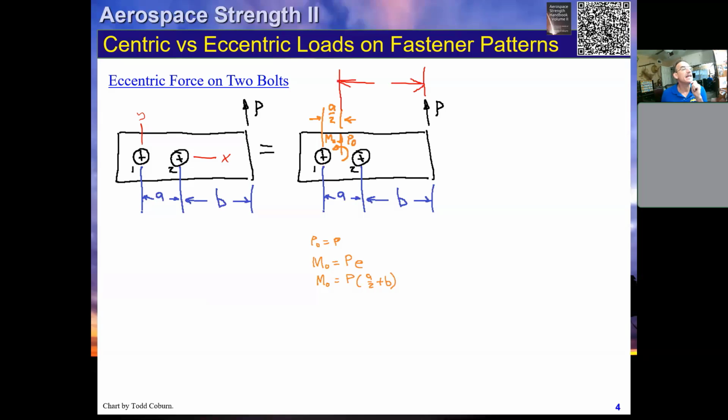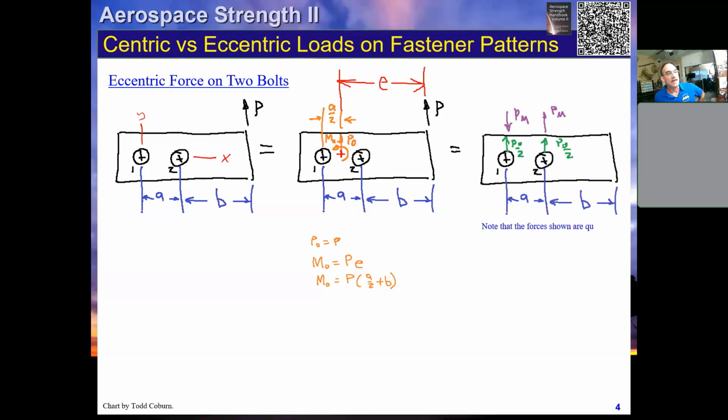This is that eccentricity of the load from the centroid of the fastener pattern, and that happens to be A over 2 plus B. Do you see that? Okay.